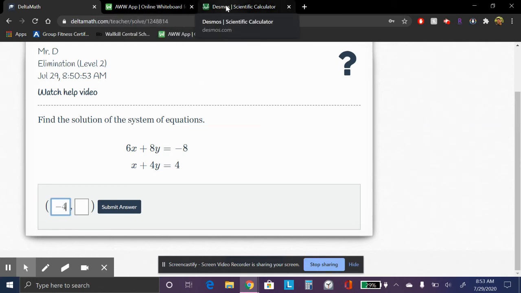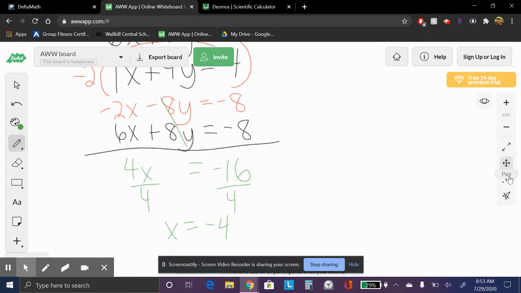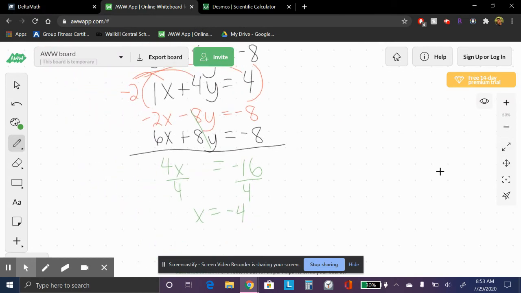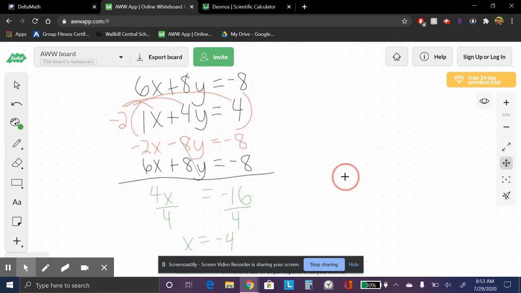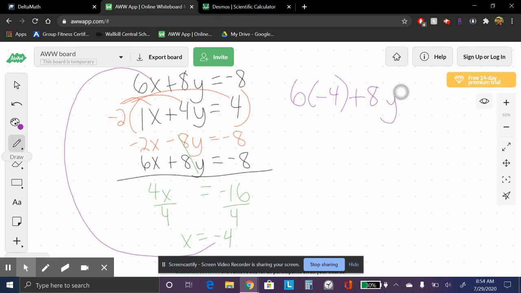All right, now I'm going to plug it in to, again, it doesn't matter what equation you plug it into. I'm going to plug in the top one. Plug it in there. 6 times negative 4 plus 8y is negative 8.